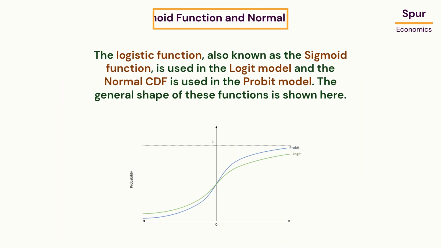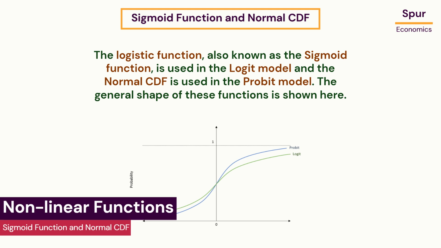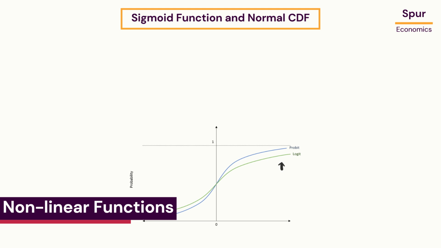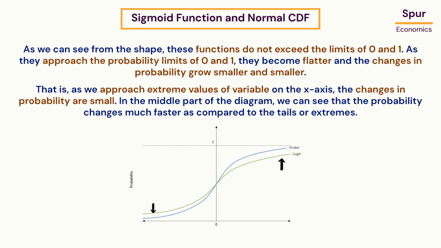The logistic function, also known as the sigmoid function, is used in the Logit model and the normal CDF is used in the Probit model. The general shape of these functions is shown here. As we can see from the shape, these functions do not exceed the limits of 0 and 1. As they approach the probability limits of 0 and 1, they become flatter and the changes in probability grow smaller and smaller.